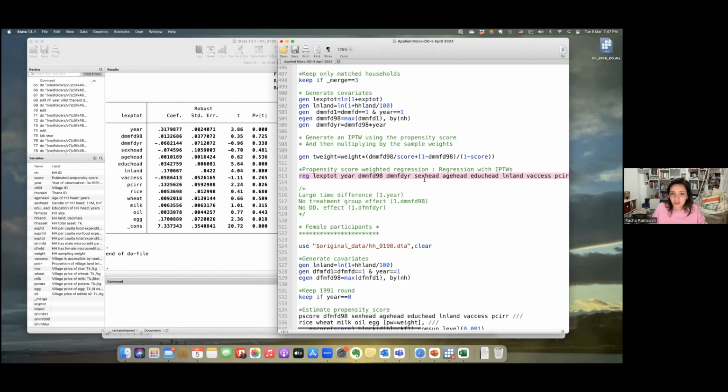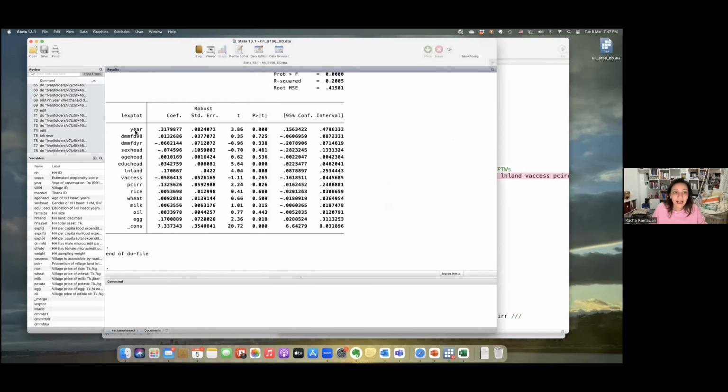And I rerun my diff-in-diff regression, where I have the year dummy, and as we can observe, it's still significant. We have the treatment dummy and the interaction between both, and I can observe that we can still conclude that, even by using the weight of the PSM, the microcredit program for male has no significant effect on the total expenditure per capita of the household.